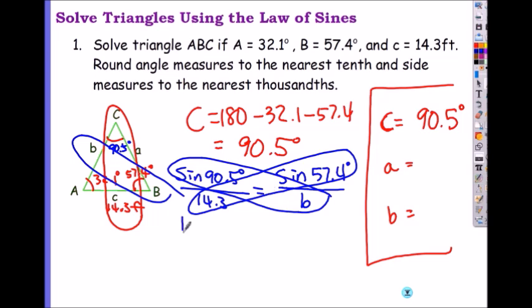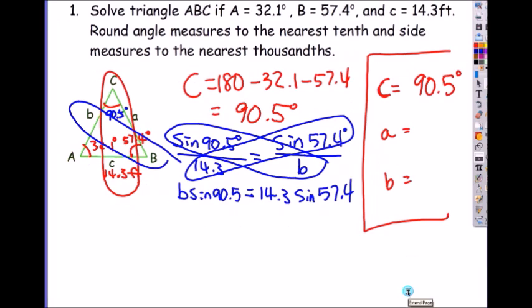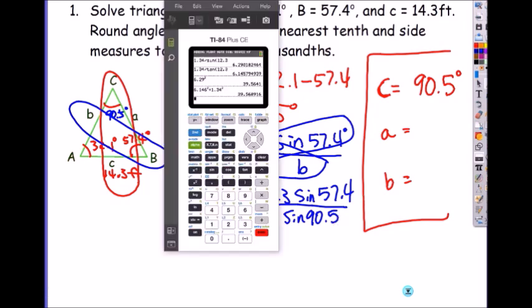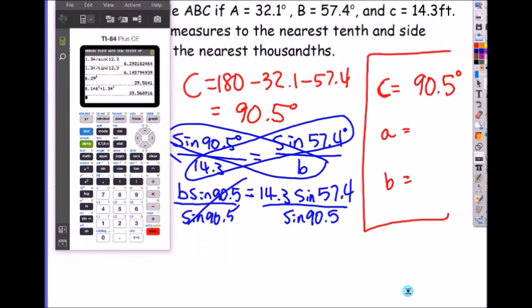So B times sine of 90.5 equals 14.3 times sine of 57.4. And what will be your last step? We're solving for B. So what's our last step? Divide by sine of 90.5. Again, put this whole expression in at the end. But I'll divide it into 2 steps.